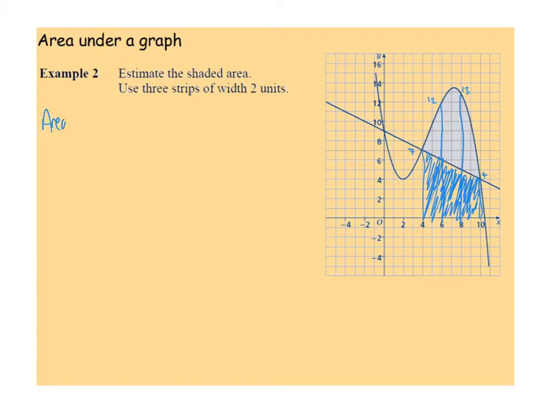So the area including the large trapezium is approximately equal to a half multiplied by 2, and then we've got 7 add 12, add 13, and 13 add 4.